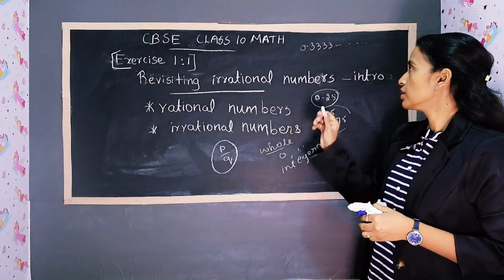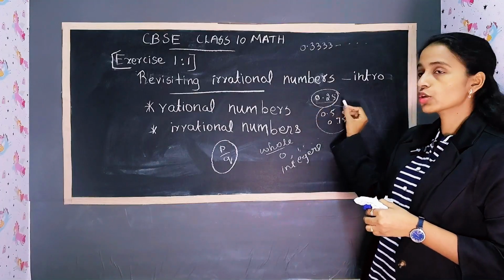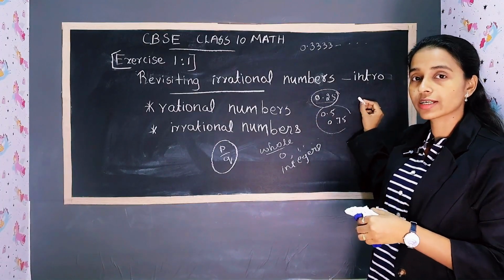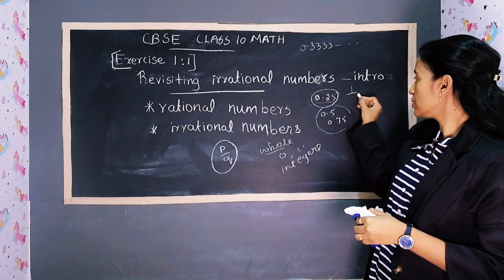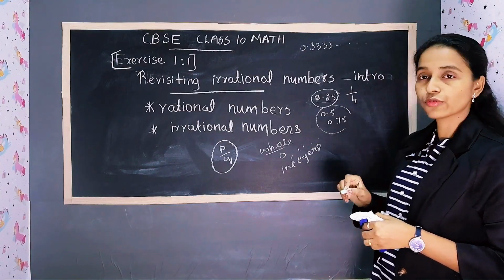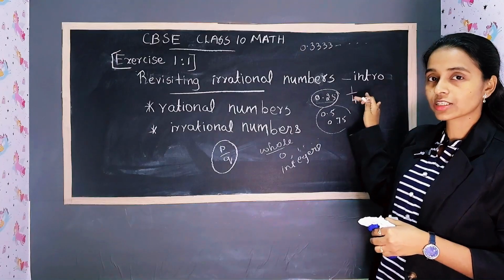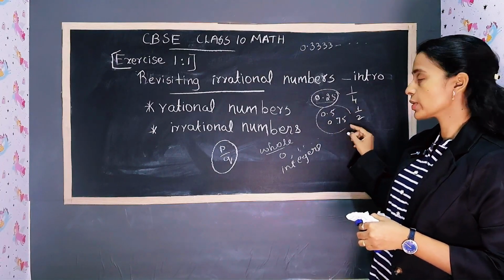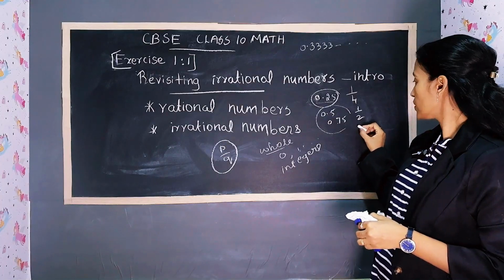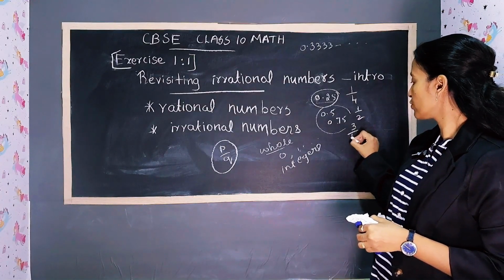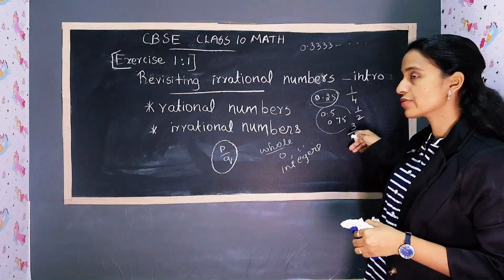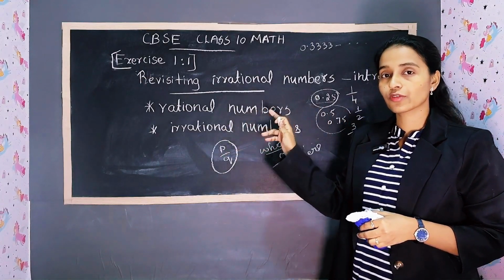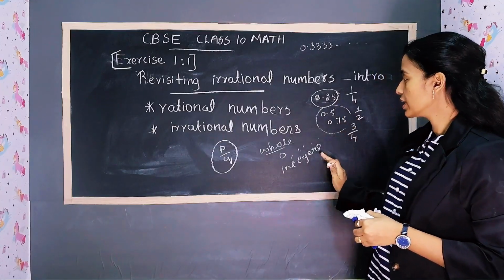For example, 0.25, I can write in the form of a fraction: 1 by 4. This is the fraction form, right? And 0.5 means 1 by 2. And 0.75 means 3 by 4. The main thing is we can write rational numbers in the form of a fraction.